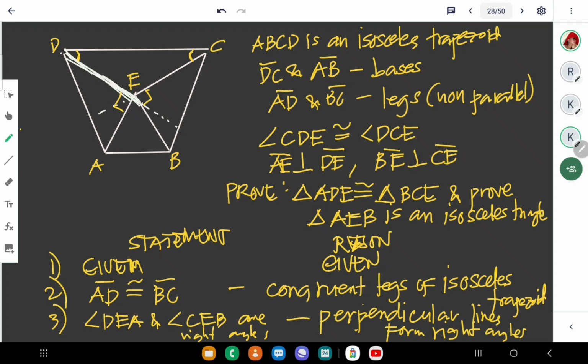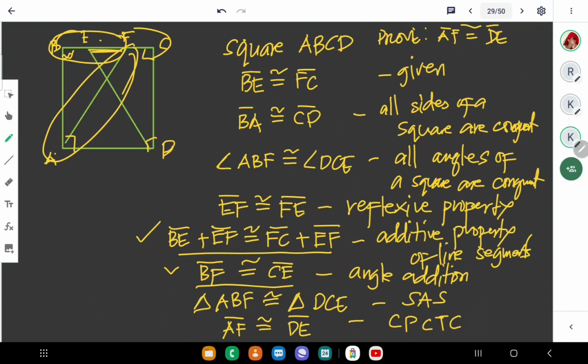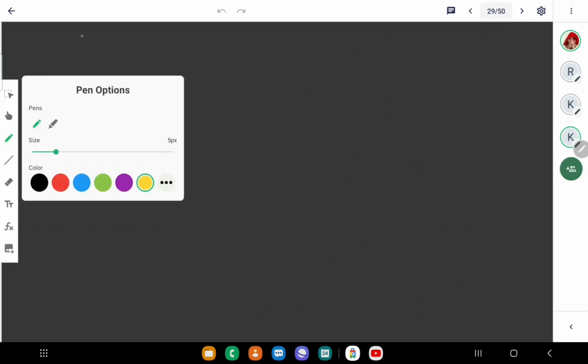Okay, and from there, since they are both right angles, they are congruent. They are both equal to 90 degrees. So that's number 4: angle DEA is congruent to angle CEB.